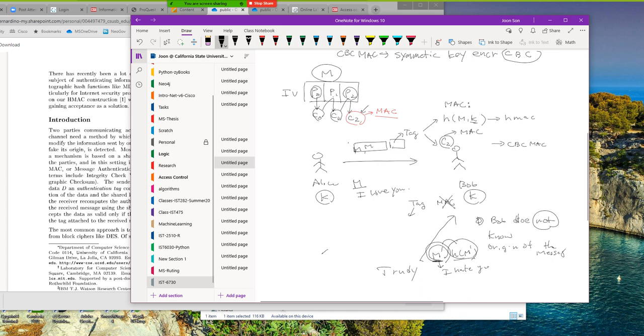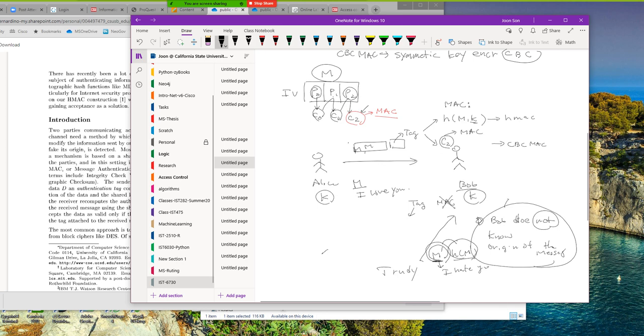But the problem Bob has is, is this message M and H of M, this tag, really from Alice or someone else? I have no idea, right? So what is this problem?